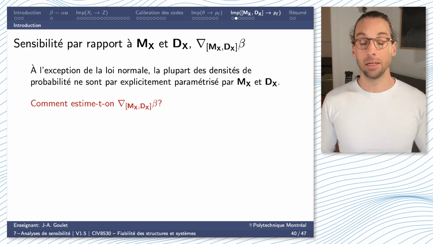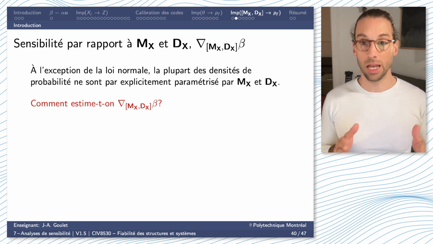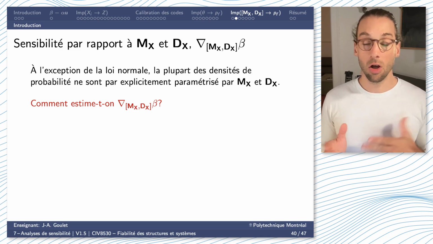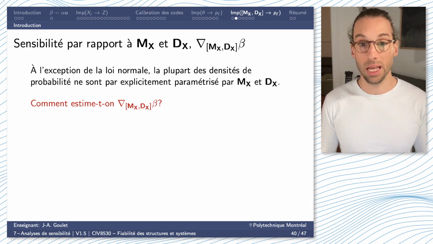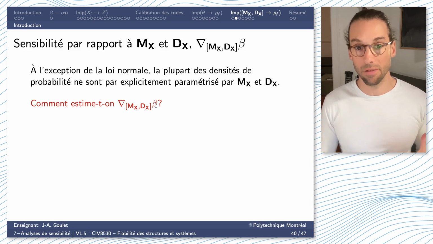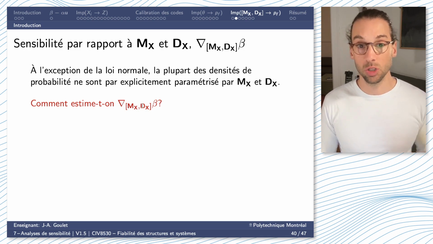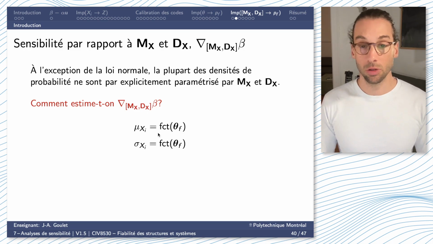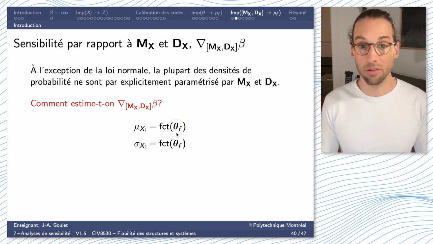As I said, except for the normal, which is parameterized by a mean vector and a standard deviation, the parameters of all the other variables are very hard to interpret. So how can we modify our parameterization so that we can have the sensitivity, the gradient vector of beta, with respect to these coordinates? The key is we need to define the functions that allow us to go from these native parameters theta f to the mean and standard deviation.